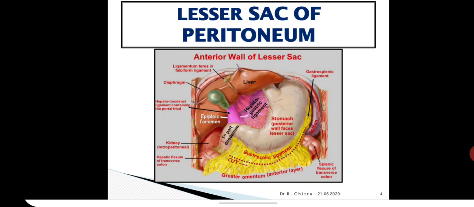The fourth is the second layer of the anterior sheet of the greater omentum. So if you see in this picture from above downwards, liver, lesser omentum, then the postero-inferior surface of the stomach, you should visualize it in this image. Then the greater omentum, second layer. So all these form the anterior wall of the lesser sac.